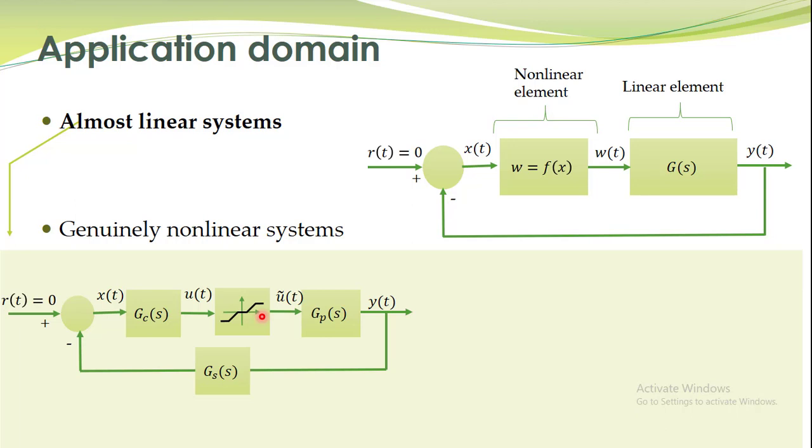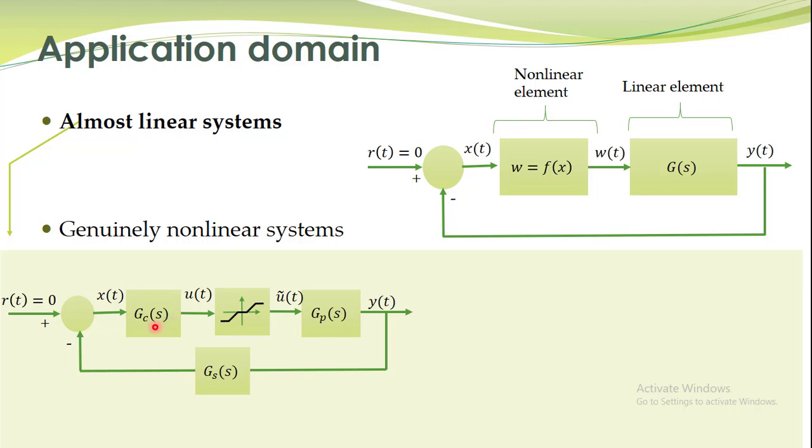The approach they follow is that initially they just ignore this nonlinearity and design a controller utilizing linear control techniques, because linear control techniques are well established and systematic approaches exist to design controllers for linear systems.